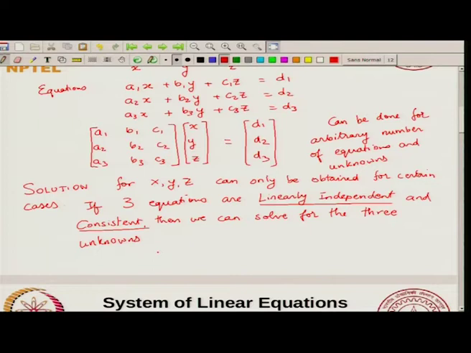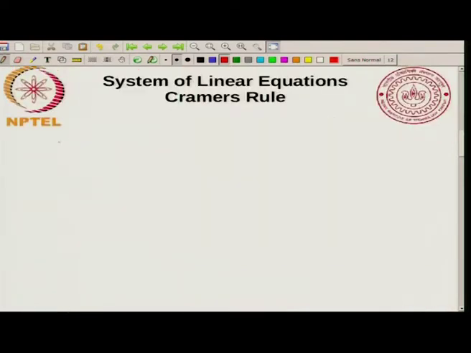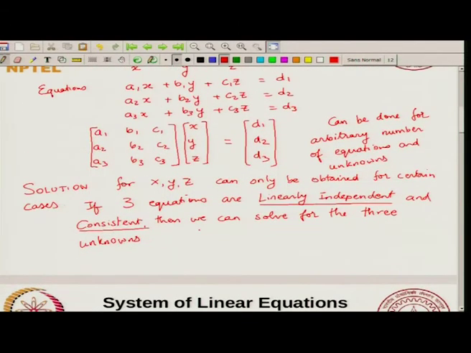So, if they are linearly independent and consistent, then I can write x as a ratio of determinants. And what is that ratio of determinants? I will write the denominator first. The denominator is a1 b1 c1, a2 b2 c2, a3 b3 c3, which is nothing but the determinant of the matrix of these coefficients.